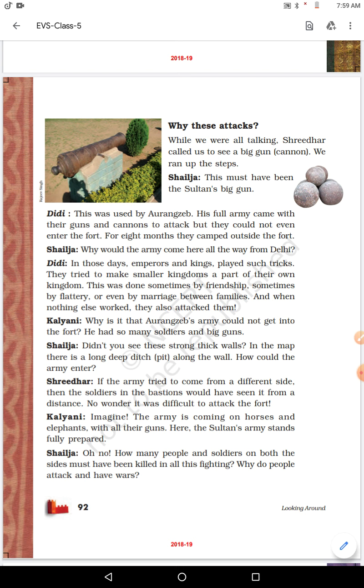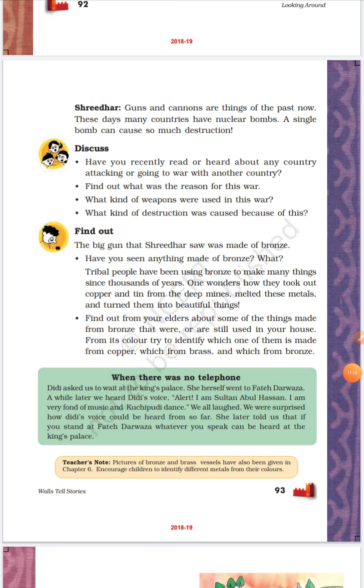Oh no, how many people and soldiers on both sides must have been killed in all this fighting? Why do people attack and have wars? As I told you, they go to war just to expand their area. See, the guns and cannons are things of the past. These days many countries have nuclear bombs. A single bomb can cause so much destruction.